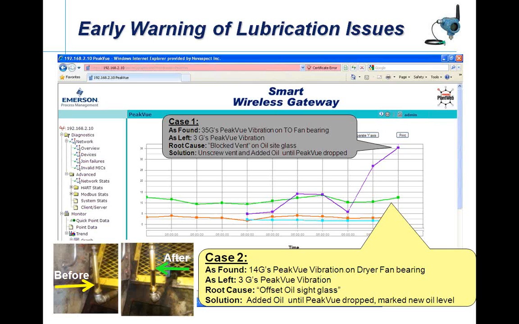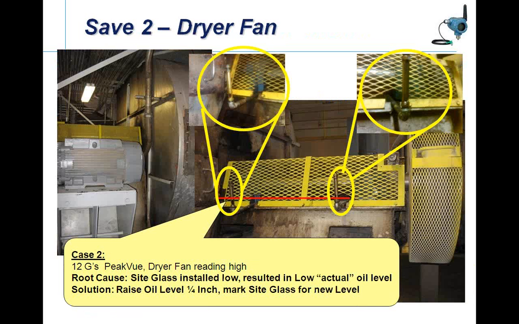After our experience with this first fan, we looked closer at this fan, and what we found is a sight glass that was running low, and they decided they needed to add more oil, and they're in a much better position. You saw the PeakVue come down when they added oil to the sight glass.